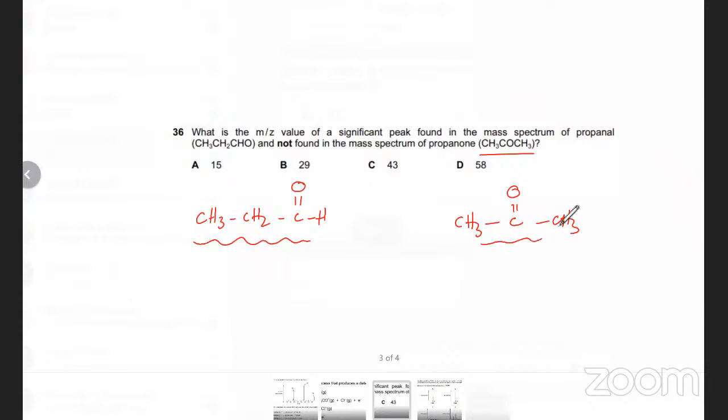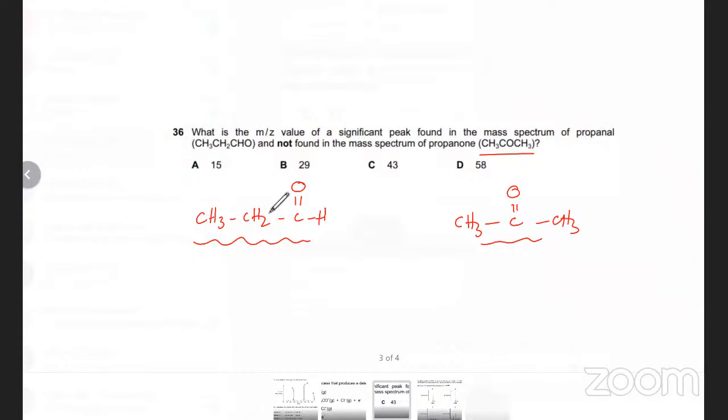Remember, the mass spectrum only differentiates a molecule based on its mass, because the deflection is happening because of the mass. Lesser the mass, more deflection. They both have the same mass because they have the same formula. This is C3H6O and this is also C3H6O. So they have exactly the same formula.